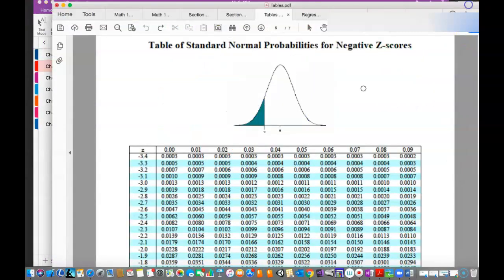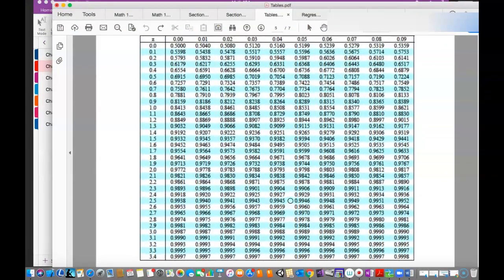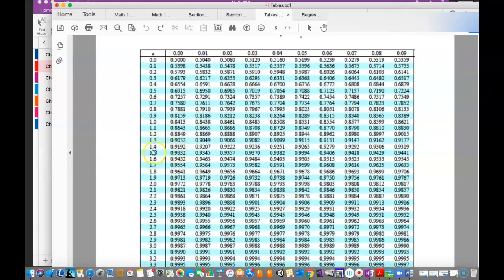So z is 1.5, and that is positive. On the left column we have 1.5. Okay, so this one is 0.9332. So we're going to use that one.